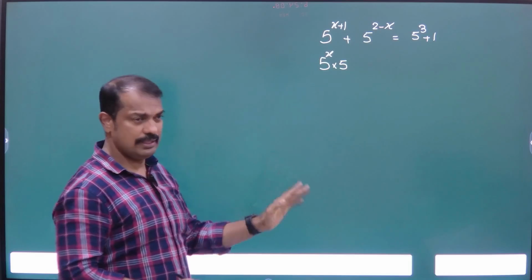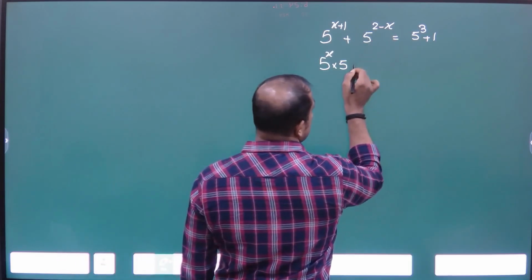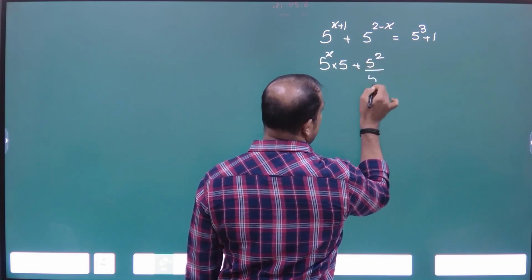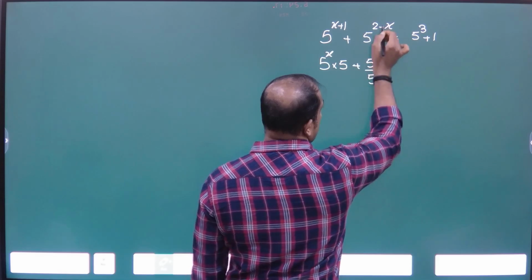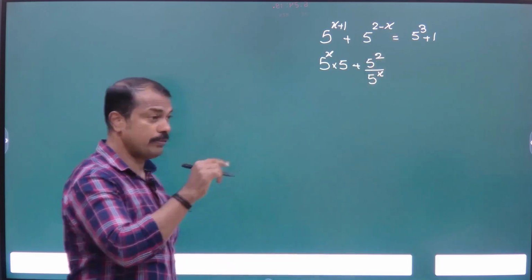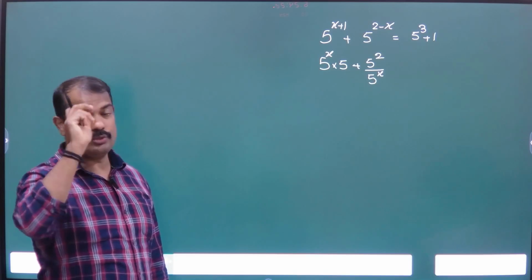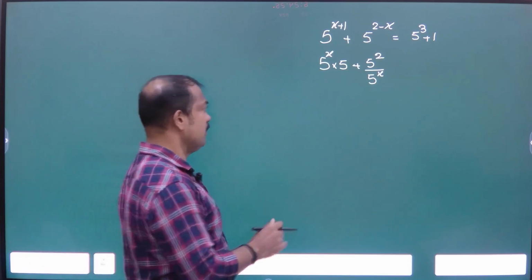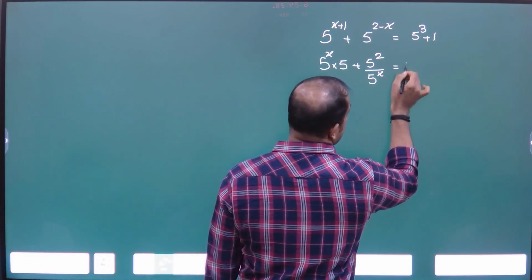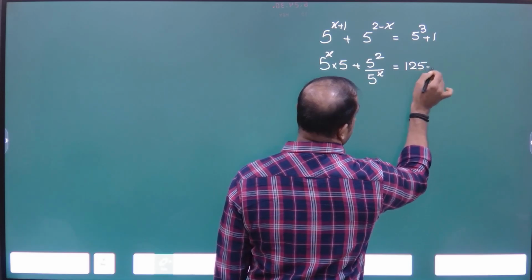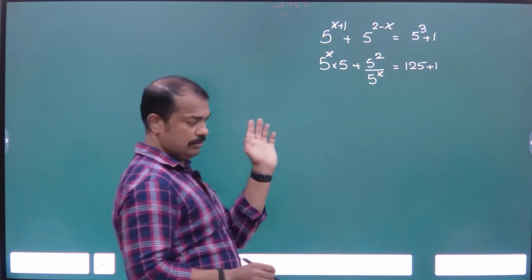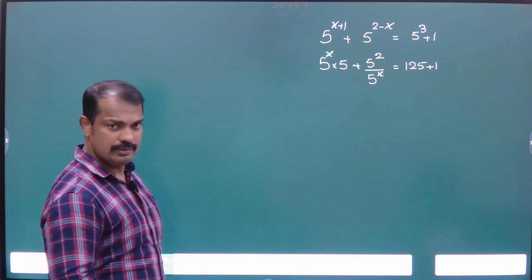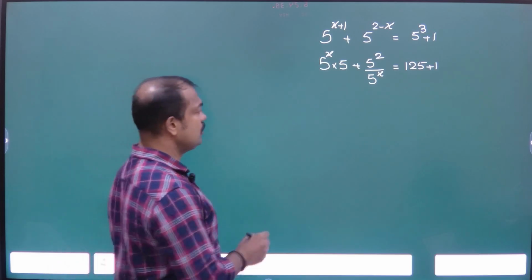And how to write this one? 5 raised to power 2 divided by 5 raised to power x, because a raised to power m minus n equals a raised to power m divided by a raised to power n. And what is 5 cube? 125 plus 1. Yes, step clear? Next step.